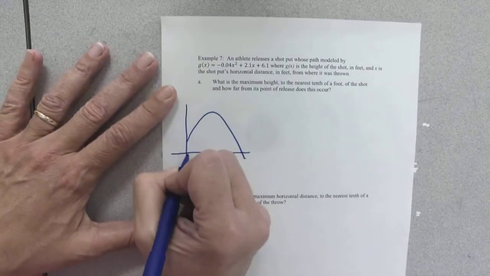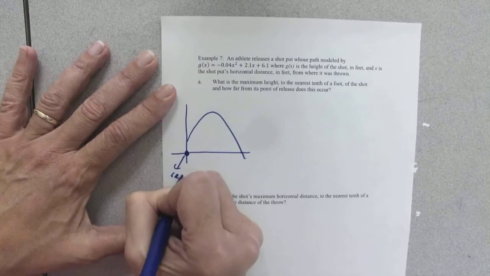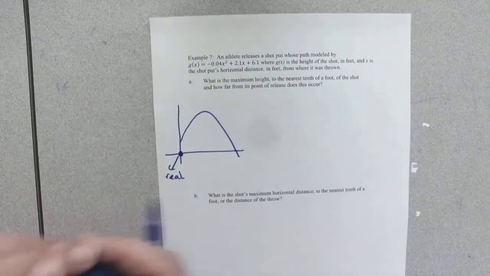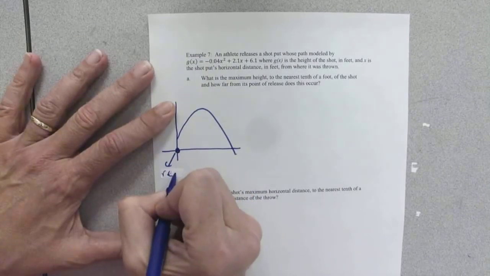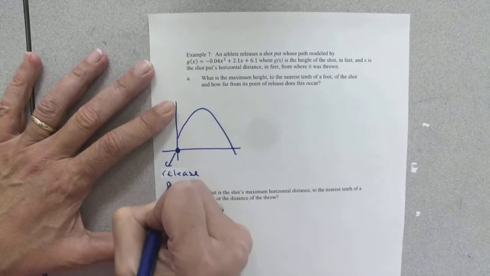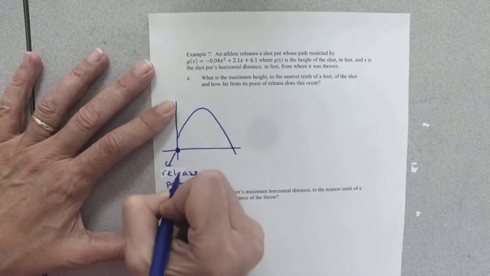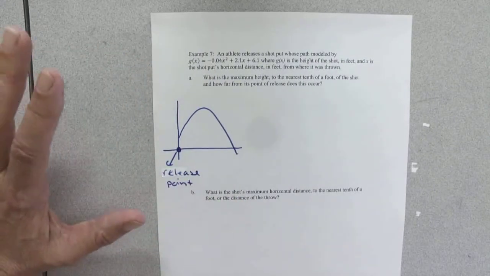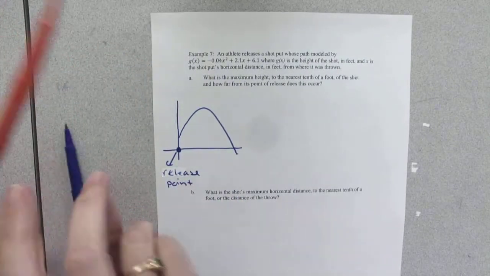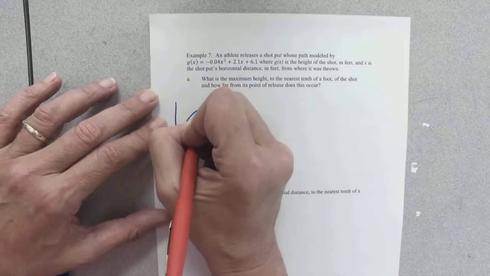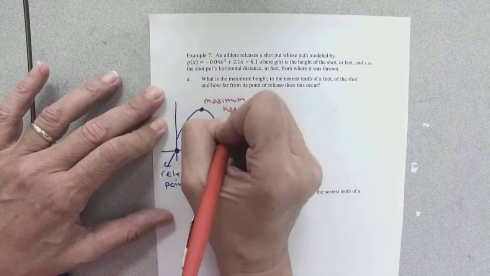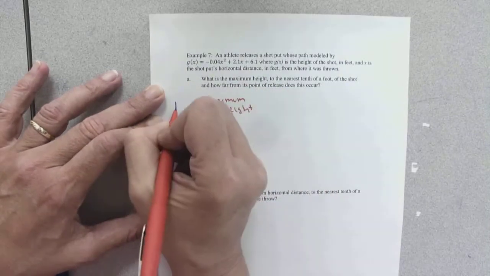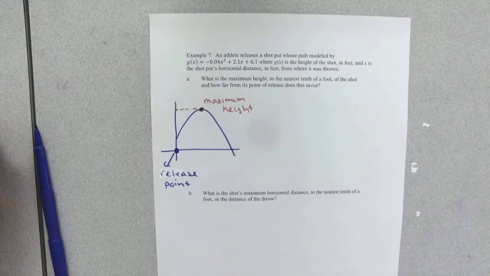Now the release point was right here. That's my release point that they talked about. The person was kind of standing at the origin, that's where they let go of it. The maximum height is going to be right there, at least the y coordinate.